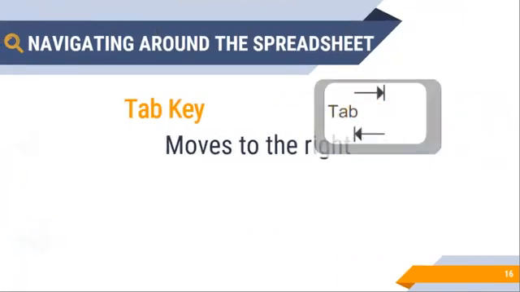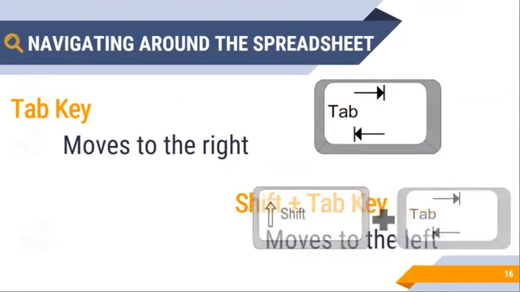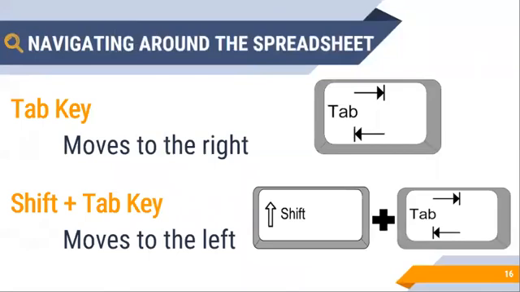You can also click Tab to move the highlighted cell to the right, or click Shift-Tab to move the highlighted cell to the left. So those are some of the keys that we can use in navigating around the spreadsheet. So kumbaga kung mas gusto natin gamitin yung keyboard, pwedeng yun yung gamitin natin.